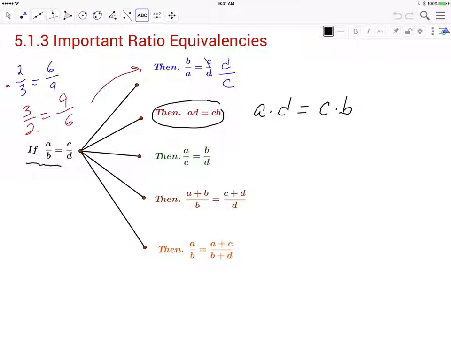Here we go, down below. Look at this one. A relates to C. So what's back in our other situation? We can say that does 2 relate to 6 the same way that 3 relates to 9?